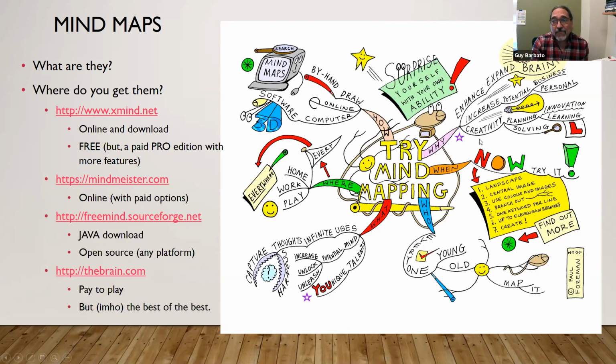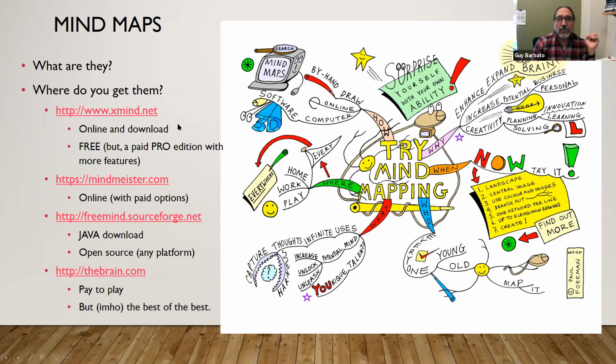Why? Perhaps it helps you to remember things. Perhaps it helps you to make connections you may not have thought of before. And of course, everybody can do it and I want you to try it. So I want to give you some more concrete examples, and the best way to do it is to show you some software examples.